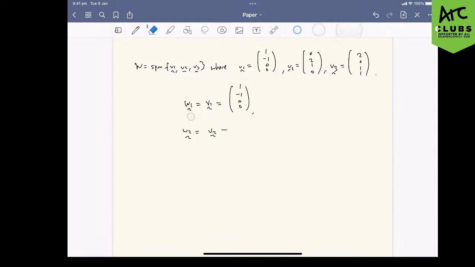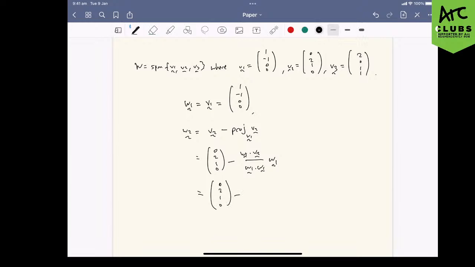In this case, the only one is W1, so the projection of V2 onto W1. And that's 0, 2, 1, 0 minus, we're dealing with the standard dot product here, W1 dot V2 over W1 dot W1 times W1.